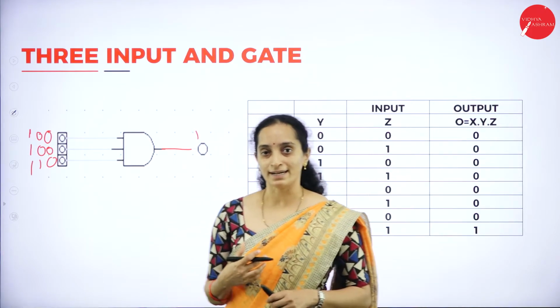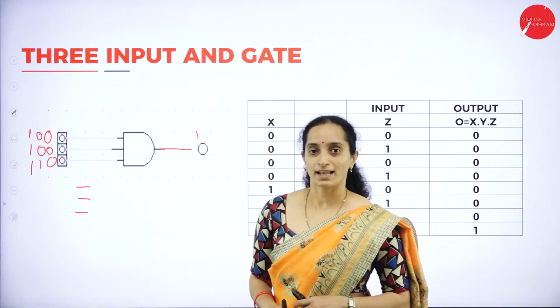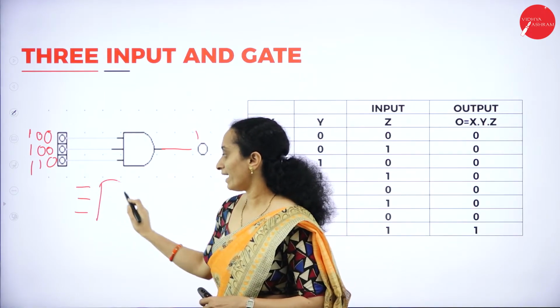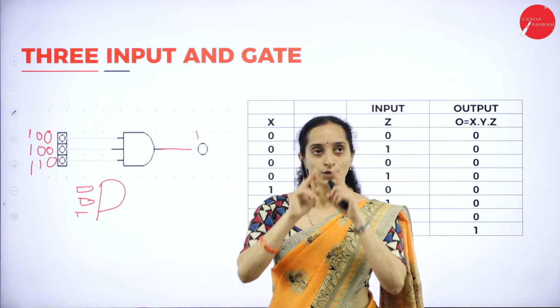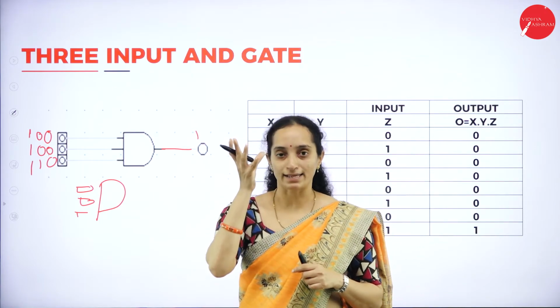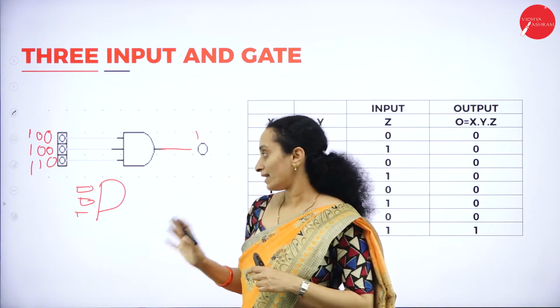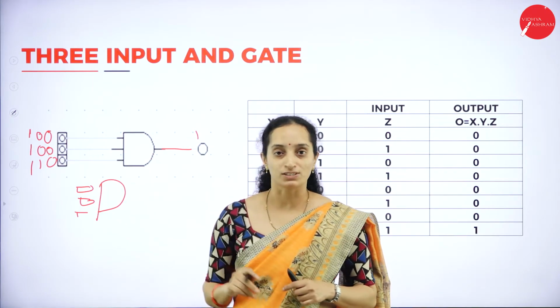The meaning is that you will have 3 input switches in a gate. If you consider each input as a switch, you have a house. In the house you have a light. For switching on the light, you have 3 switches.